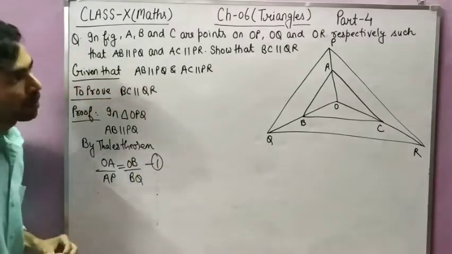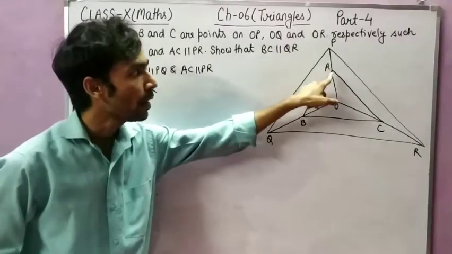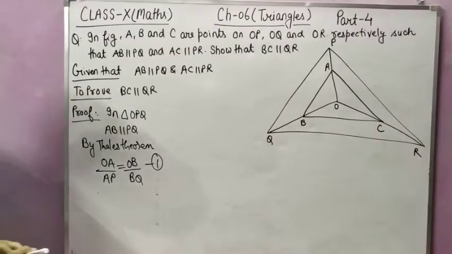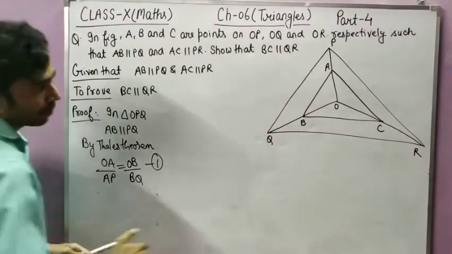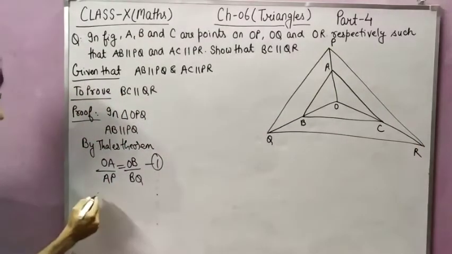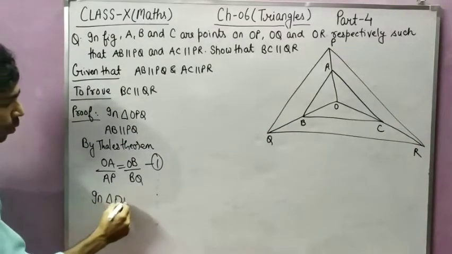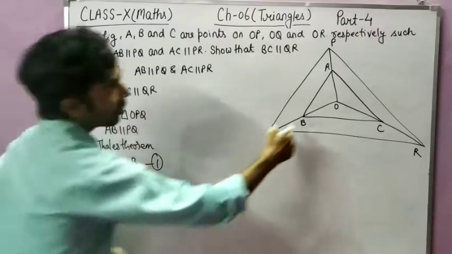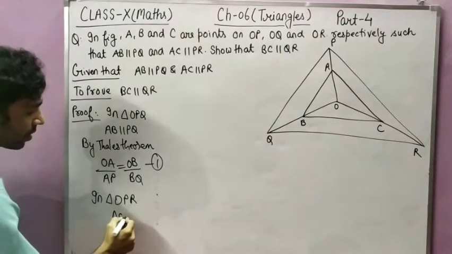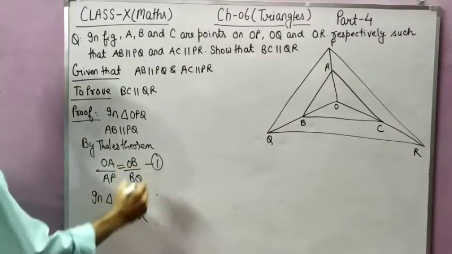In the triangle, AB was parallel to PQ, so by Thales theorem OA by AP is equal to OB by BQ. Similarly, student, when we take triangle OPR, in triangle OPR, AC is parallel to PR.